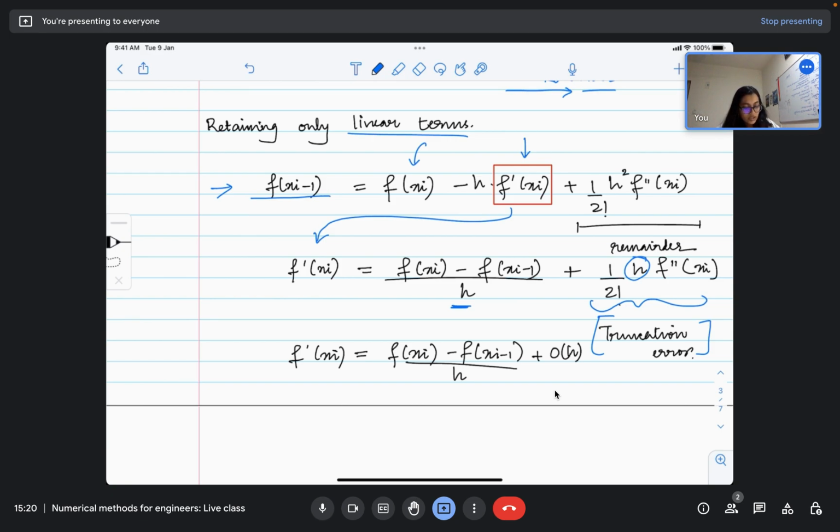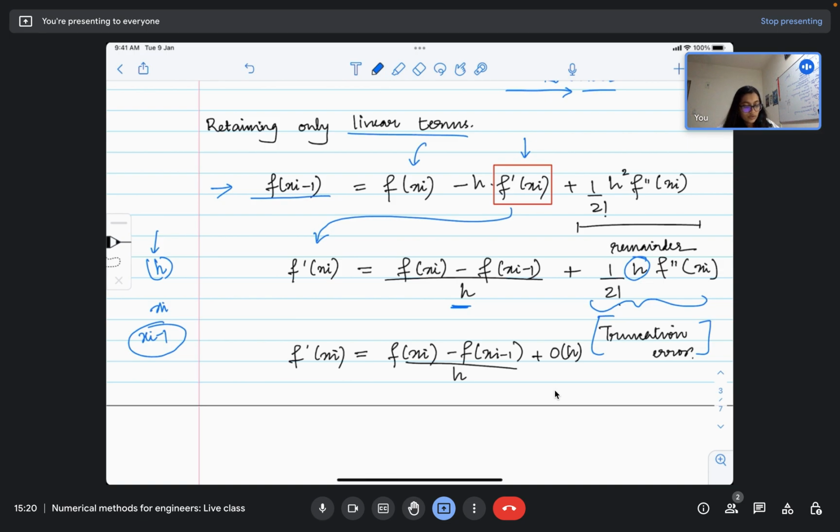Okay, so this h value is something we can determine; it is in our hand. It basically means if we are trying to find the derivative at xi, it is in our hand to decide how far from xi we want xi minus 1. So this h value is basically in our hand.